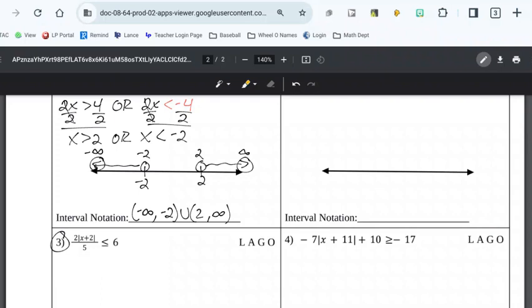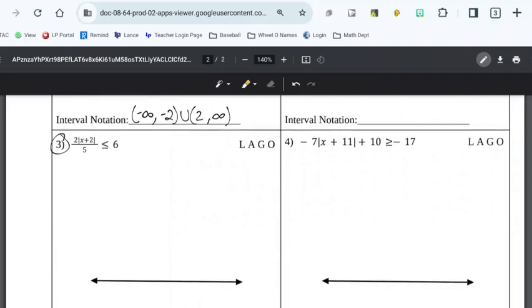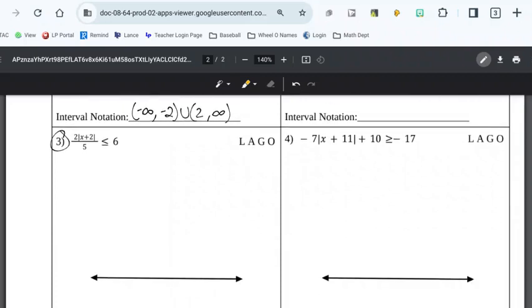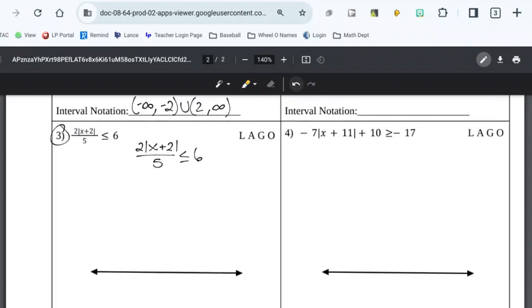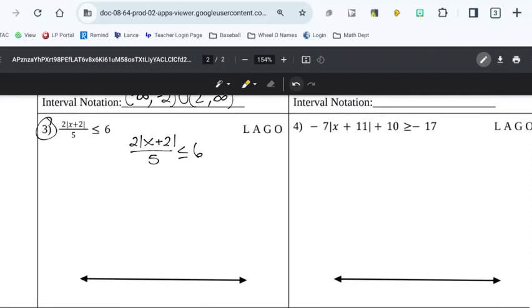Okay. Very good. Let's take a look at number 3. I'm going to move this over to give myself a little bit more room to show my work. So we want to get rid of that 5 in the denominator.